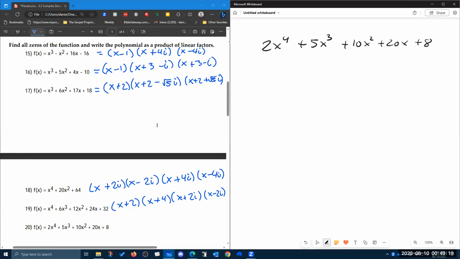So we're going to have factors of 8 over factors of 2: plus or minus 1, plus or minus 2, plus or minus 4, plus or minus 8, plus or minus 1/2. 2 halves is 1, 4 halves is 2, 8 halves is 4.